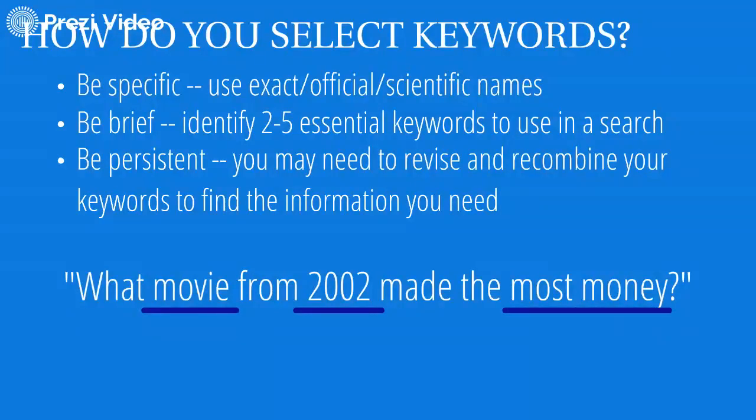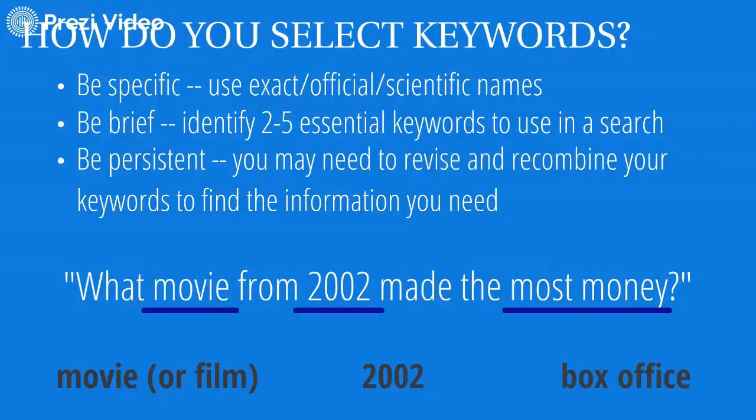And the third is this concept of making the most money. So if we were to revise those, we would use movie, or we might even want to use film because it's a more official, exact word. We can keep 2002 as is because it is the exact year that we're looking for.